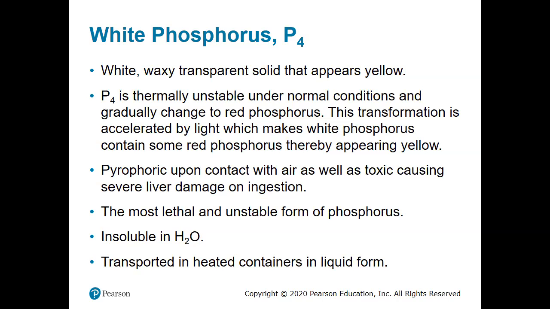How it would go instead is basically we would melt it and transport it in heated containers. So that's white phosphorus. Again, the most unstable, the most unfriendly, toxic version of the element.